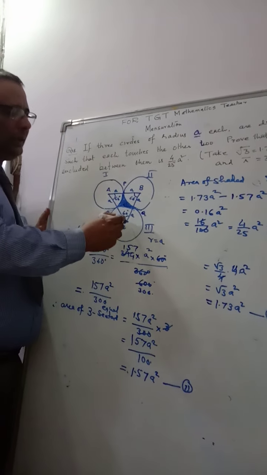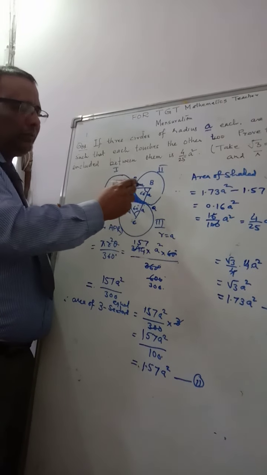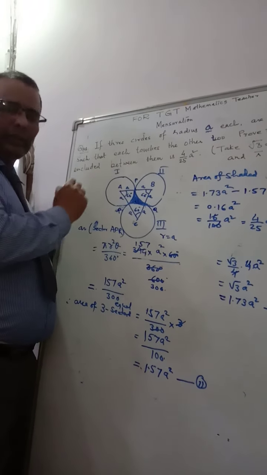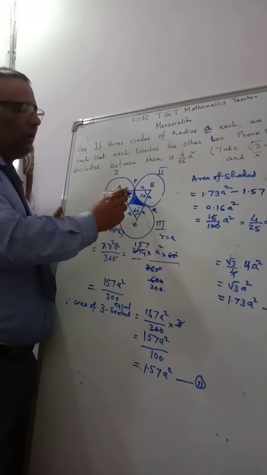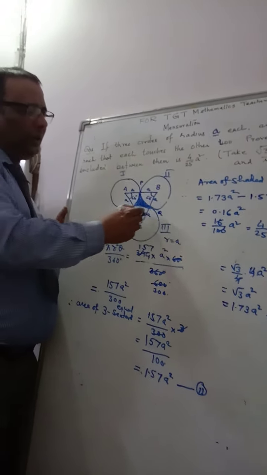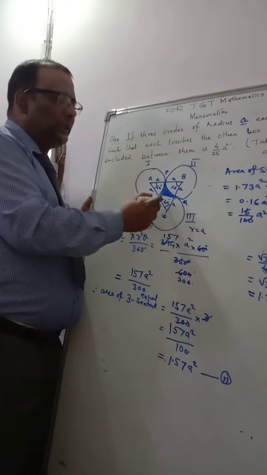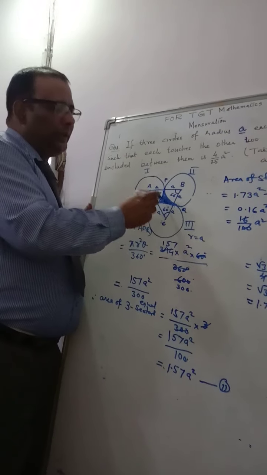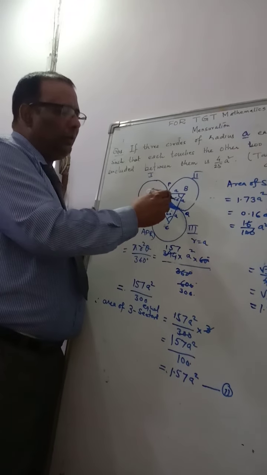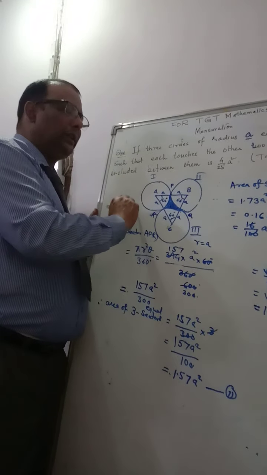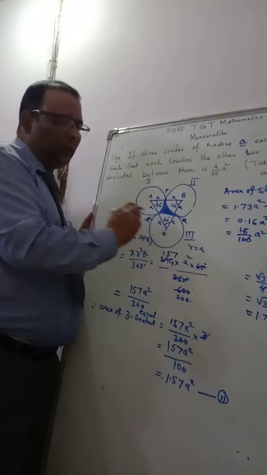So we see that an equilateral triangle is formed, as well as three sectors. All the sectors are equal, and the area of the triangle is bigger than the area of the three sectors, because if we include the shaded region, then the area of all the three sectors plus the shaded region is equal to the area of the equilateral triangle.